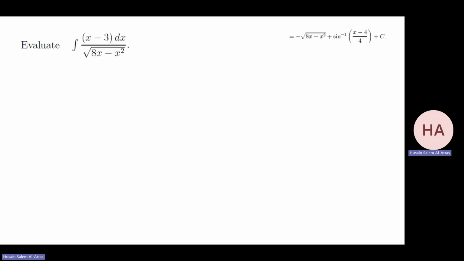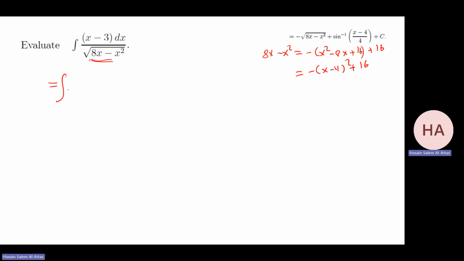x minus 3. What is x minus 3? Okay. So I need to first simplify this. We have 8x minus x squared. That is minus x squared minus 8x. I add what? Plus 16. I add 16. So that will be minus x minus 4 squared plus 16.